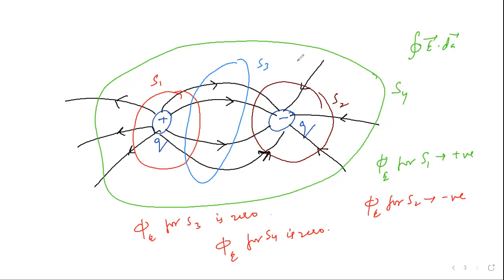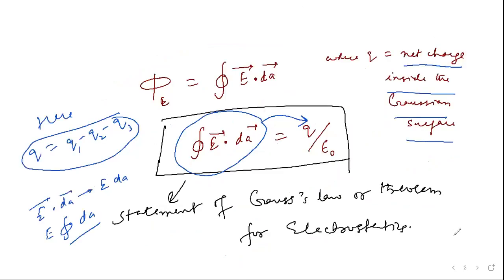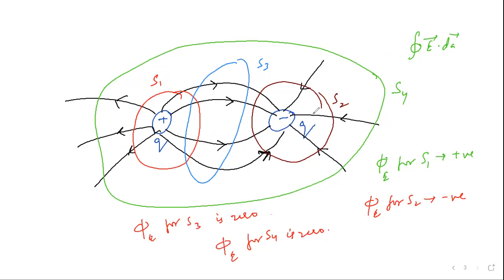Now, if we see Gauss's law, same is the prediction of Gauss's law. See S1 contains net positive charge inside it. So flux must be positive because flux is proportional to the charge. Electric flux is Q by epsilon naught. Flux for S2 must be negative because it contains a negative charge inside it.